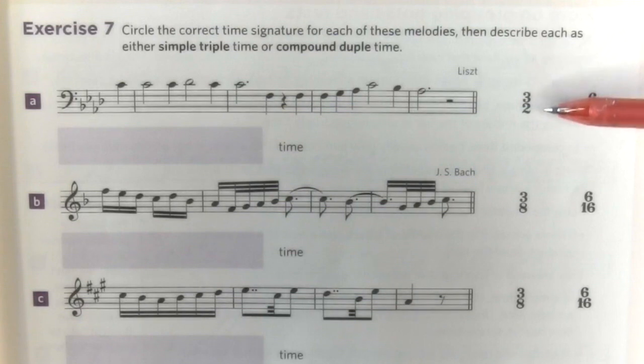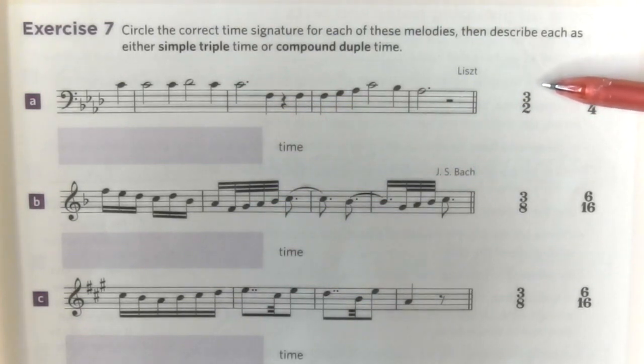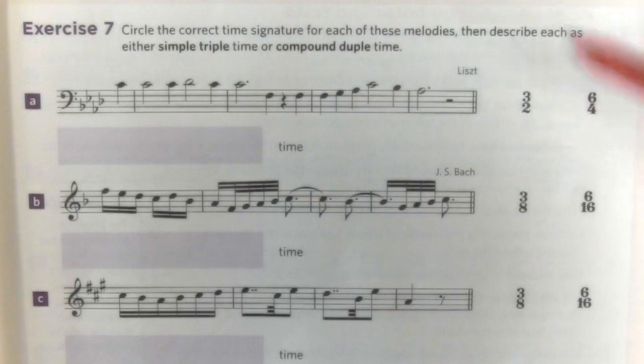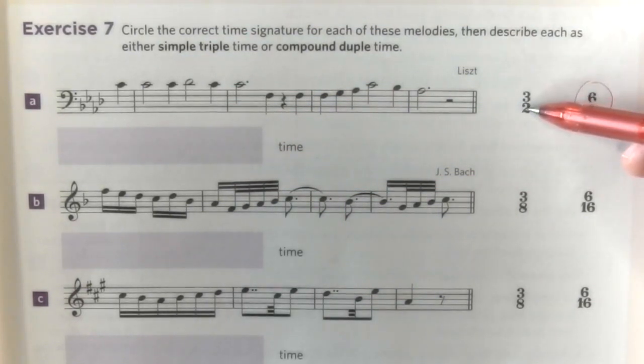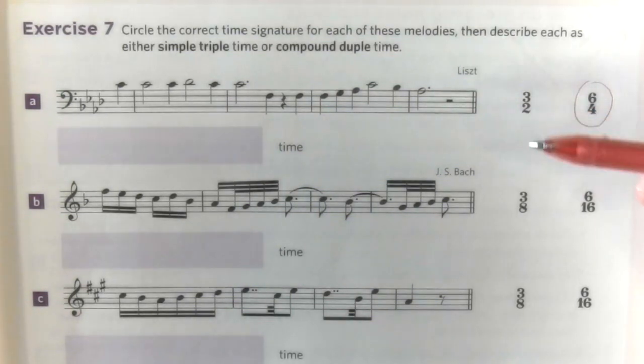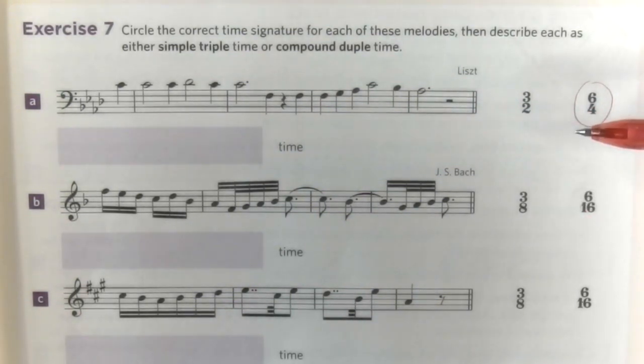Now, based on what we said in exercise 6 at the end, go and watch it if you haven't done it yet. Would it be 3 minims or 6 crotchets? Now, which one, do you remember which one is the compound time? This one, 1, 2, 3, 1, 2, 3. So the answer is 6/4. It can't be 3/2 because the grouping is of a compound time.